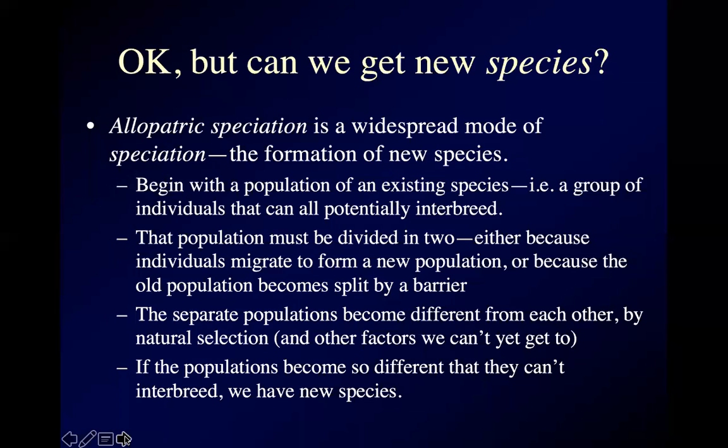How does it work? We start with a population of an existing species. That's a group of individuals that all potentially interbreed and are all genetically related to each other in some way. It could be all of the birds of one species on one island that are all potentially able to mate with each other. I mean, the male birds aren't mating with other male birds and leaving offspring, of course.